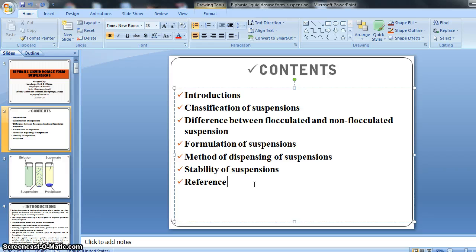Emulsion and suspension, and most of these chapters, are very important for pharmaceutics, and lots of questions are asked from them. Suspension is very important, and the next chapter is emulsion, which is also a very important chapter. So I am telling you that you should study it carefully.